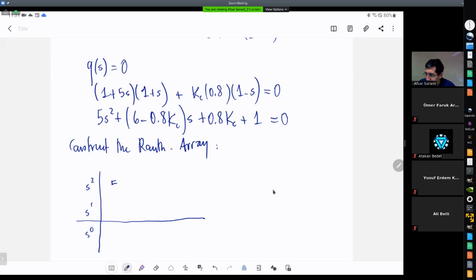We have 5, then 6 minus 0.8 Kc, and then 0.8 Kc plus 1 and 0. Remember over here, because I have a 0 here, so I'll multiply these two divided by, so minus 0 divided by this. So I'm going to have over here the same 0.8 Kc plus 1.